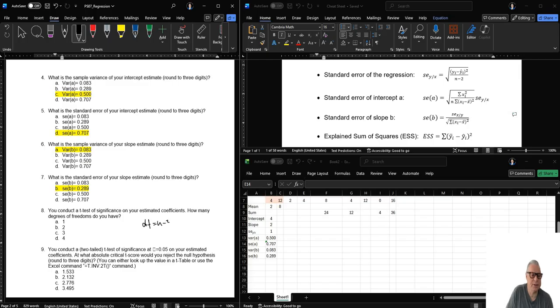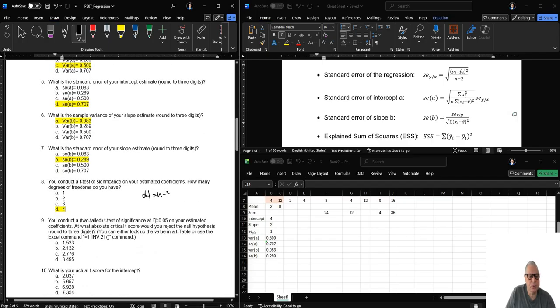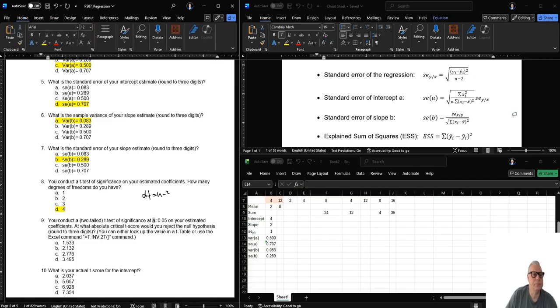So the correct answer is 4. So now we conduct a two-tailed test at the significance level alpha of 5% on your estimated coefficients. At what absolute critical t-scores would you reject the null hypothesis? So a two-tailed test.